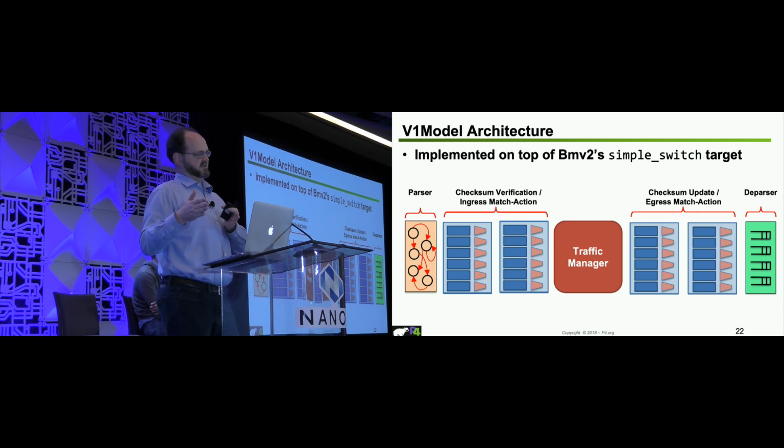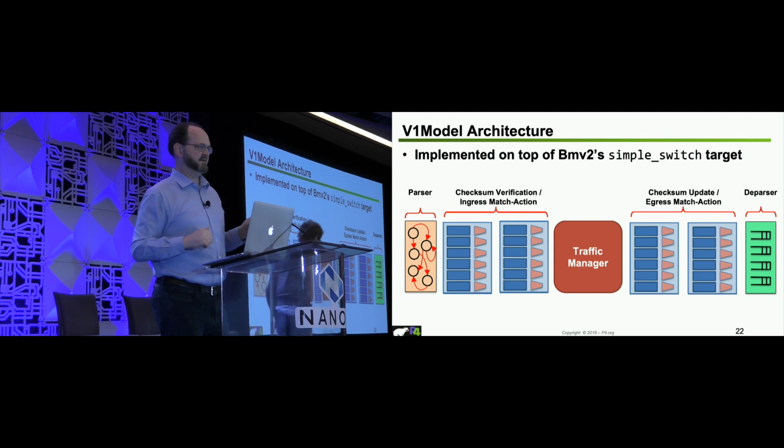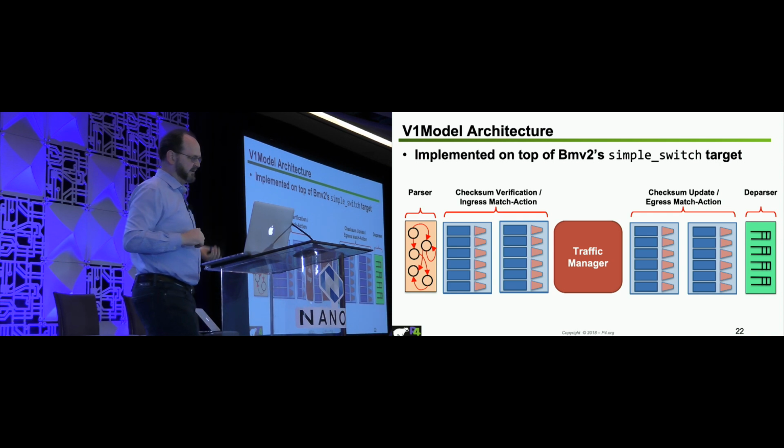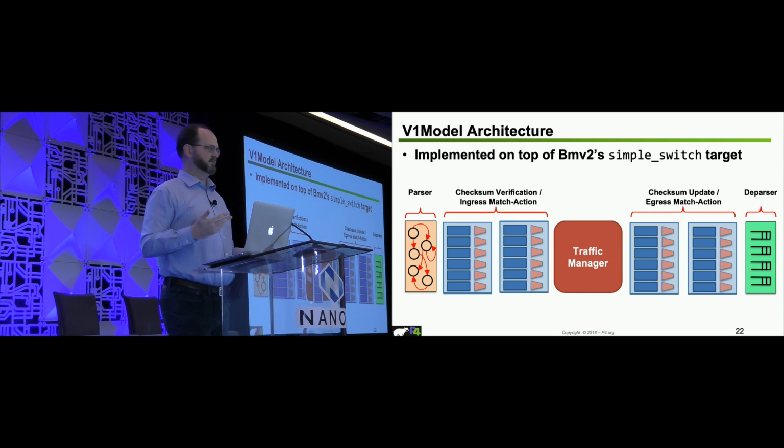Following that, there's the general purpose match action pipeline. That's for the kitchen sink of features that you might want. Layer 2, layer 3 forwarding, multicast decisions, all kinds of stuff. We'll start simpler. Then there's the traffic manager. So typically one queue per output port, or more typically a handful of queues per output port if you want multiple classes of service. And this block is not P4 programmable in most existing devices.